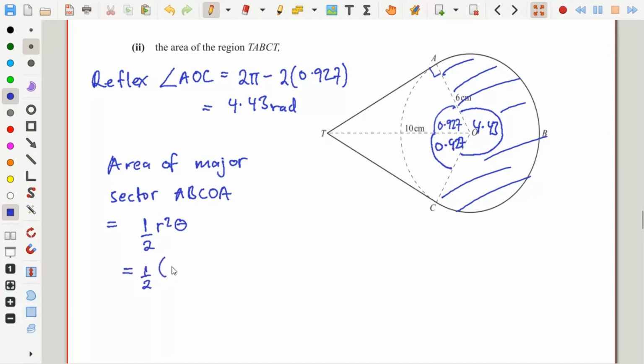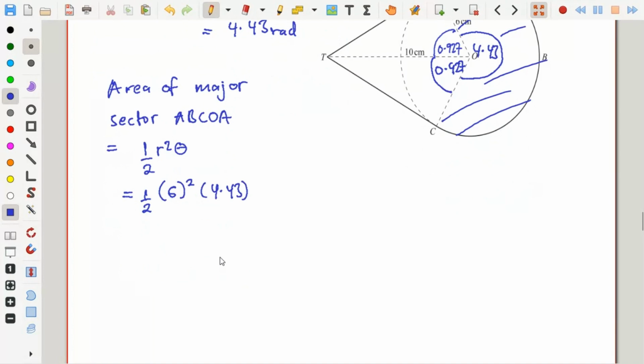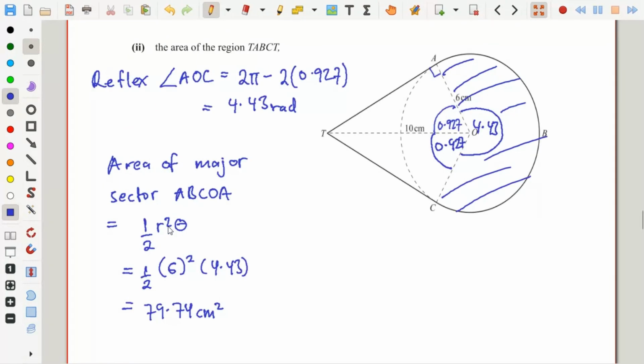Our radius is 6. Okay, you can see it here. So when I solve this, I'm going to get 79.74 centimeters squared. So I found the area of the major sector.